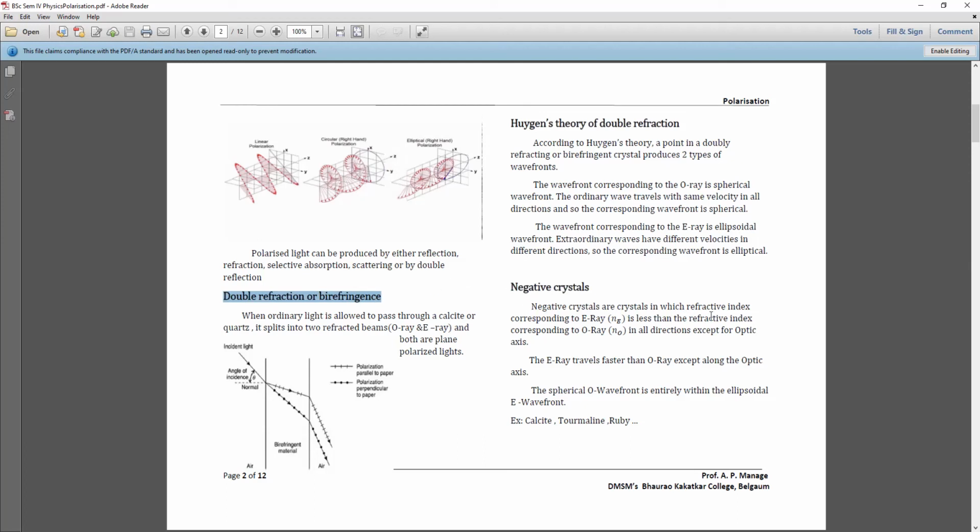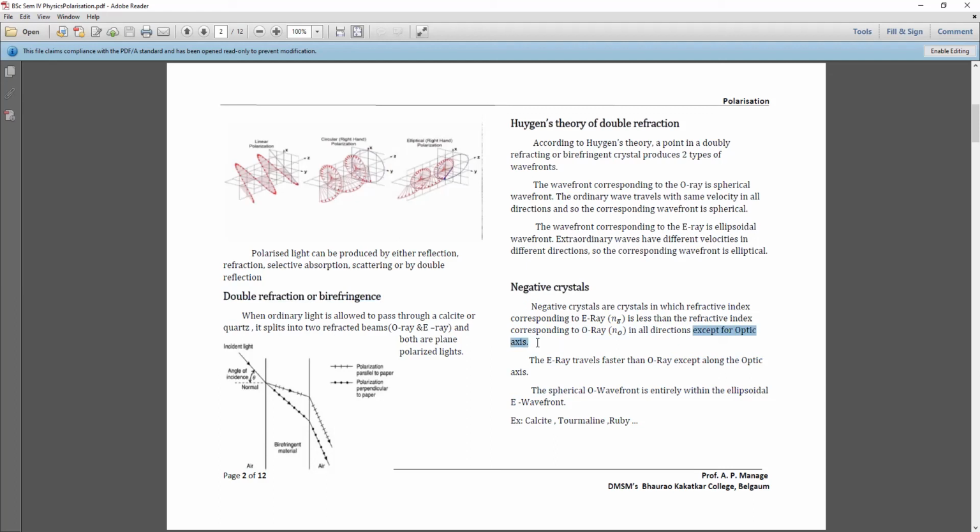Negative crystals are crystals in which the refractive index corresponding to the extraordinary ray is less than the refractive index corresponding to the ordinary ray. So inside the crystal, the refractive index of the extraordinary ray is less than the refractive index of the ordinary ray in all directions except the optic axis, because in the optic axis both the rays have the same refractive index.